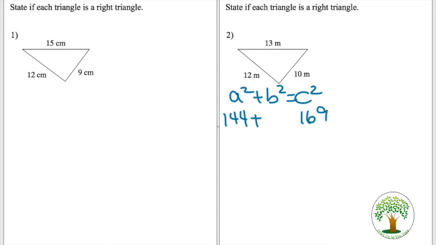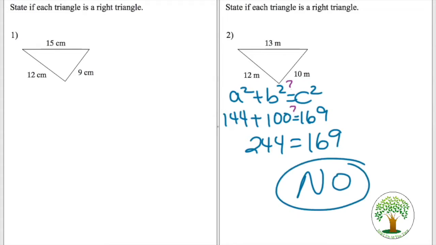When I square 10, I'll get 100. Does that equal 169? Well, let's check. 100 and 144 is 244. And I should have been putting question marks there. No, it is not. These do not equal. No, this is not a right triangle.